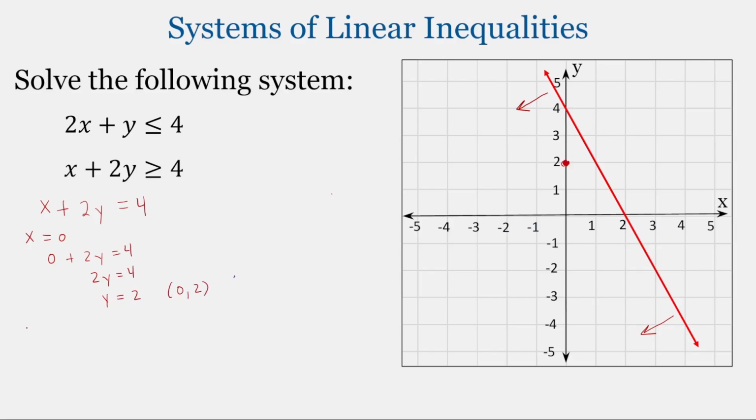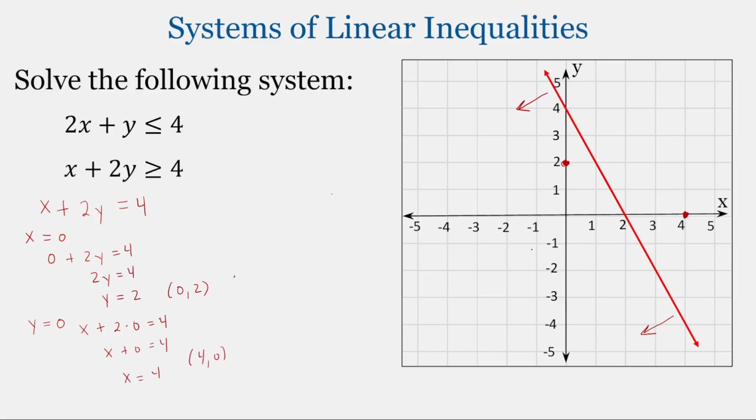And then to get that second point, our x-intercept, we set y equal to 0. Now we have x plus 2 times 0 equal to 4. This is x plus 0 equal to 4. So we have x equal to 4. This is the ordered pair 4, 0.